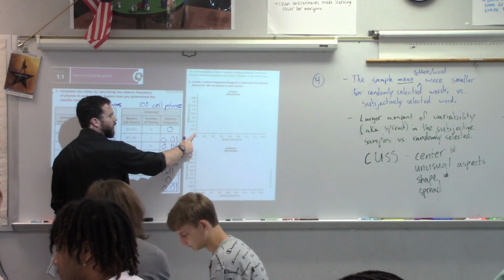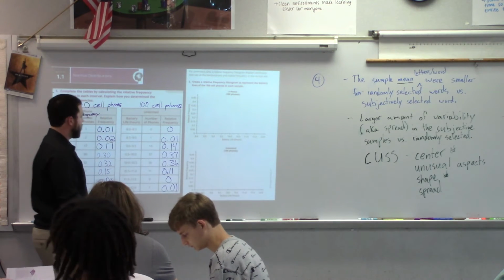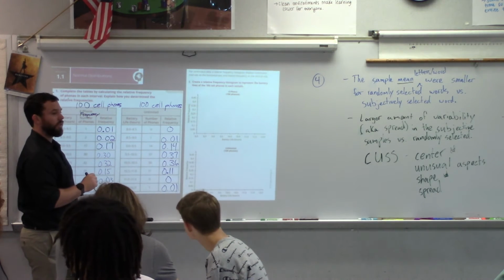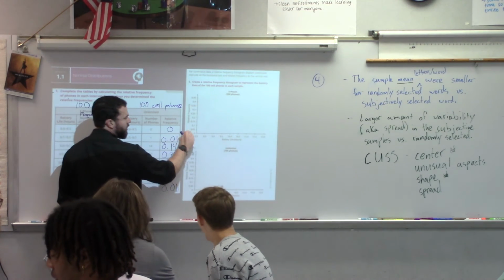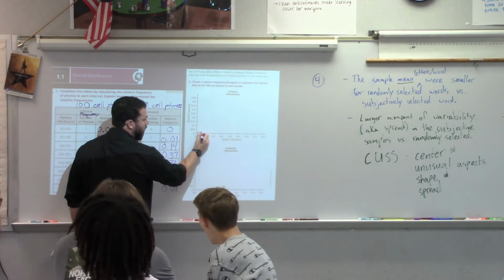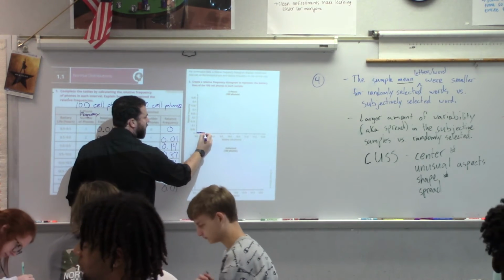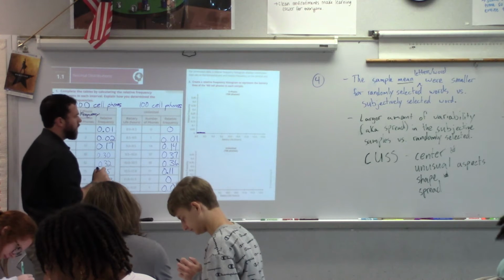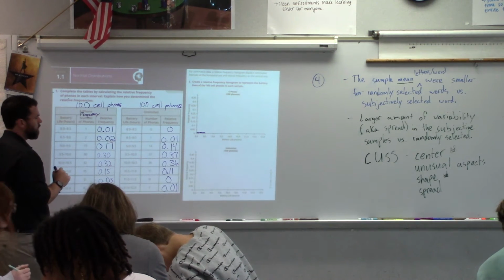What was the relative frequency for the cell phones between 8 and 8.5? 0.01, right? So here's 0.05. I'm going to just draw a little bar across where I think 0.01 would be. It's an estimate. For 8.5 to 9.0, what was that relative frequency? 0.02.